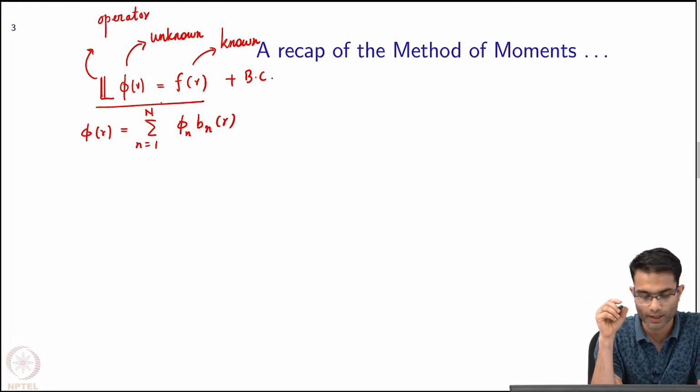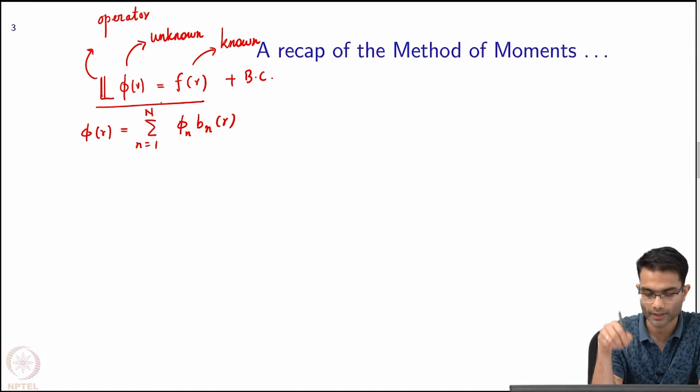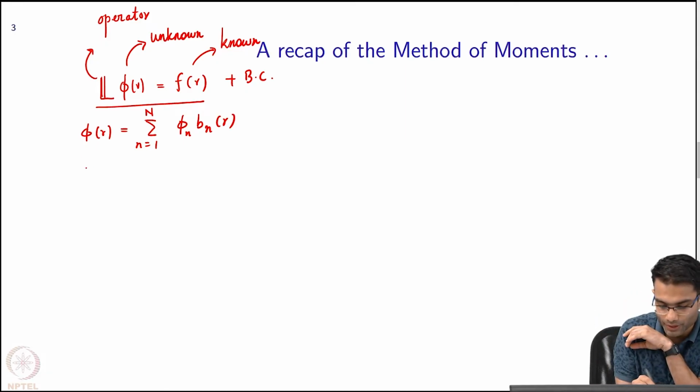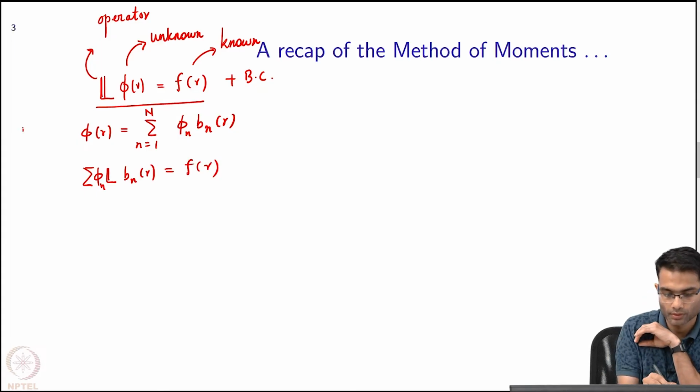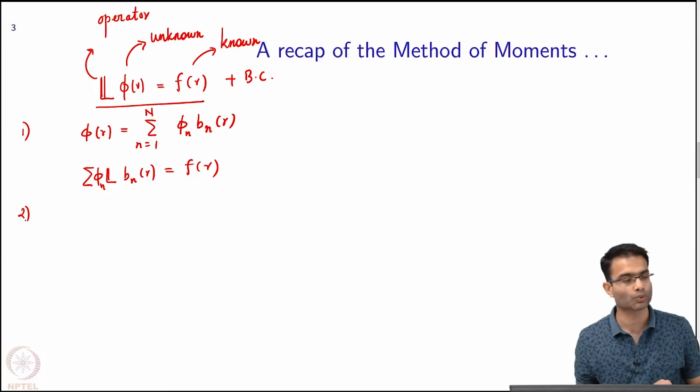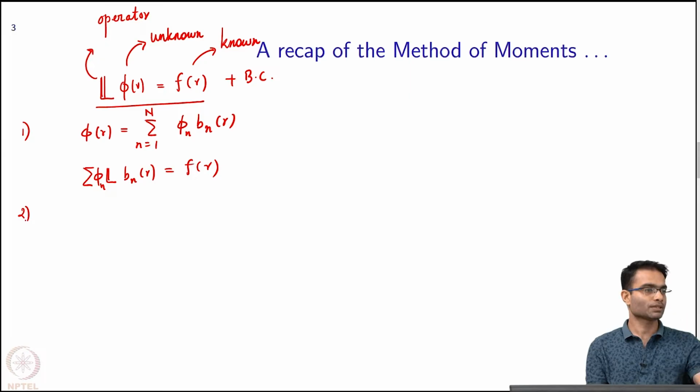And then I substituted this inside. So, I got the sum of phi n and b n of r is equal to f of r, right. So, we could do that, but basically step 2 was what? Basis is the first step, then testing, right.